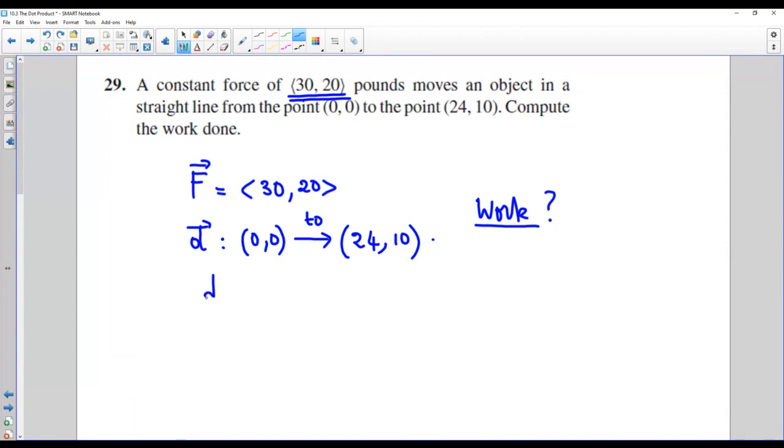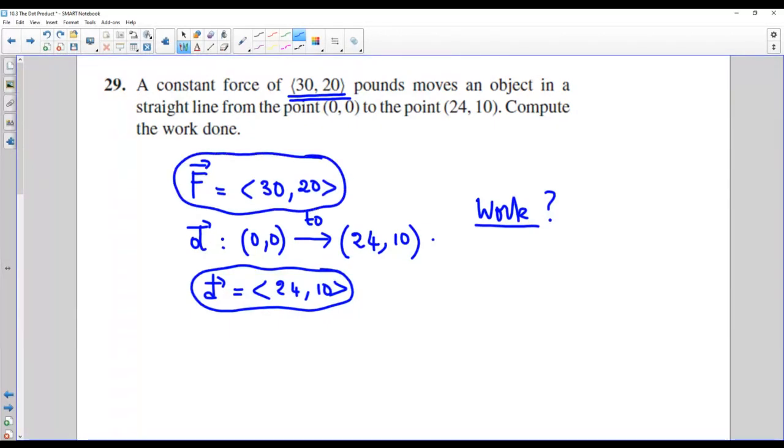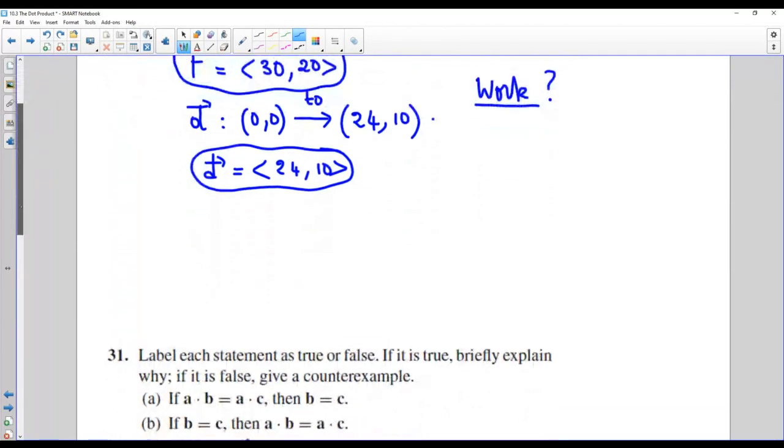You can write the vector D as 24 minus 0, so we write it as 24, and 10 minus 0 is 10. So this is the vector D. This is the force F. So you can find the work.